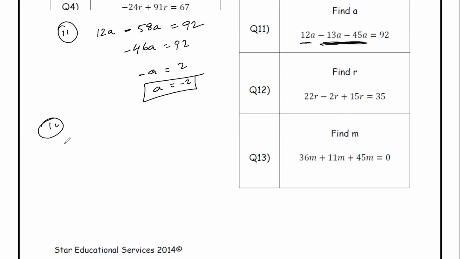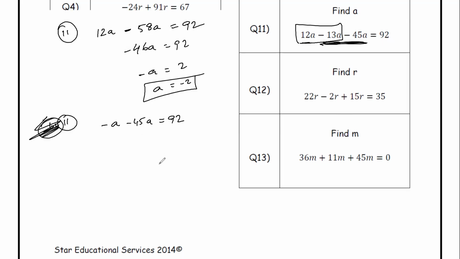12th one. Right, so you might be questioning me, what if I solved question 11 instead of clubbing it? What if I just did 12a minus 13a first? Yeah, you can do that. But do that if you're proficient with your math.